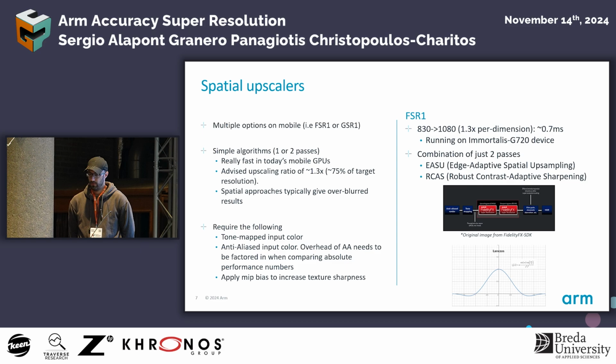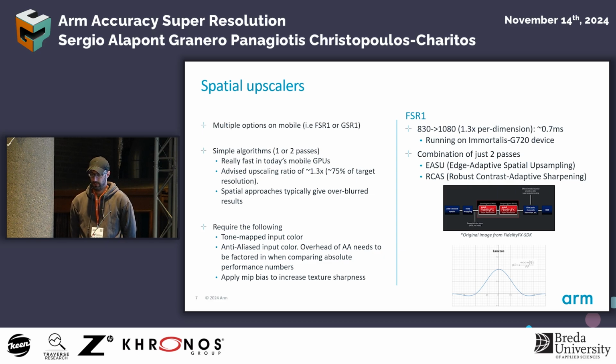Upscaling from resolutions that are above or equal to 70% of the target resolution is advisable, and if less, the result starts becoming a bit blurry and not pleasing. Spatial upscalers typically require an anti-aliased image and tone map as well, and maybe some texture bias to retrieve some of the loss in texture sharpness, and nothing else really.